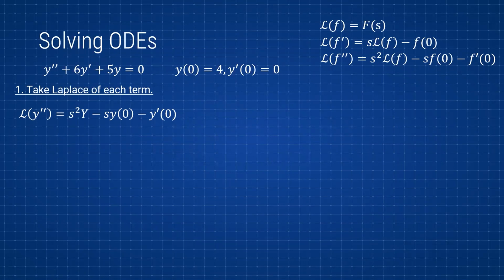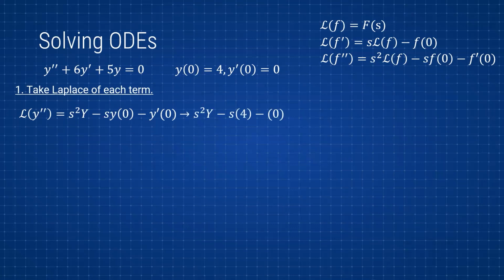I'm just going to be replacing the Laplace of f, or in this case y, so we're replacing lowercase y with capital Y. Make sure that whenever you're writing this, you make a difference between the lowercase y and the capital Y, as the lowercase y represents a function of t, and the capital Y represents a function of s, or the Laplace of y of t. So following the formula as seen on screen, the Laplace of y double prime is s squared times capital Y minus s times y of 0 minus y prime of 0.